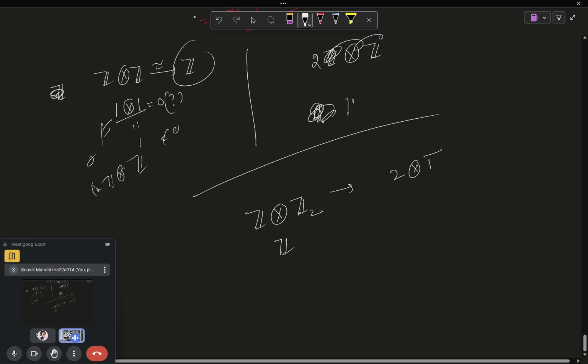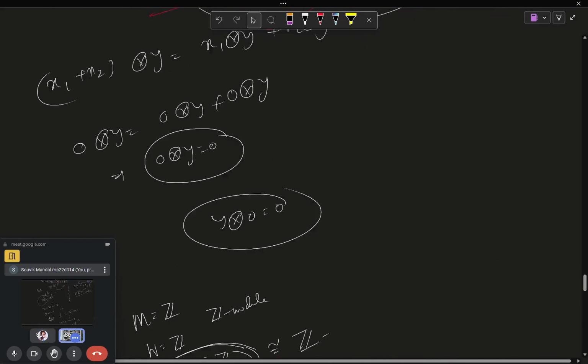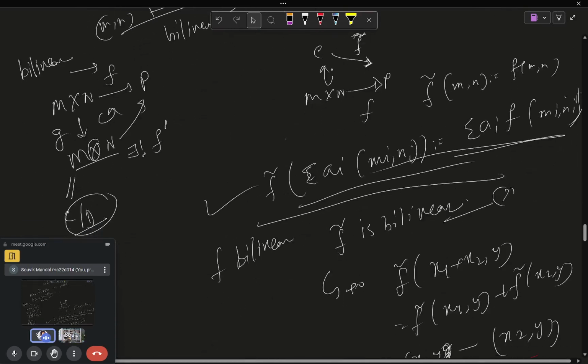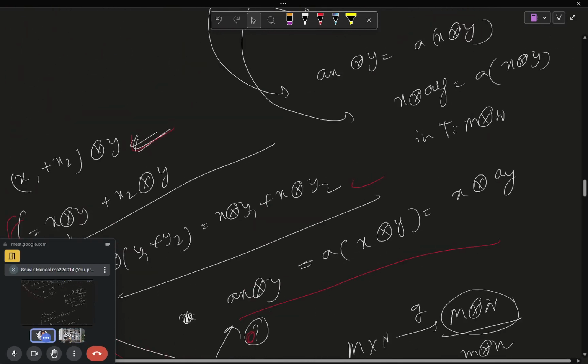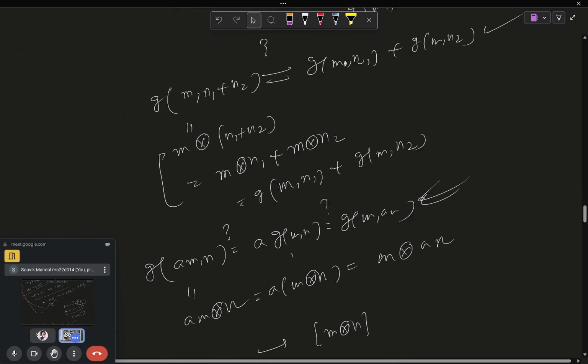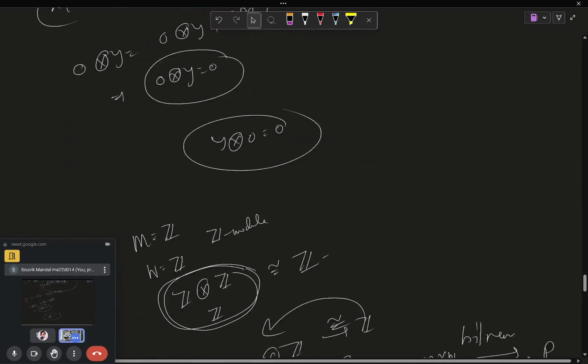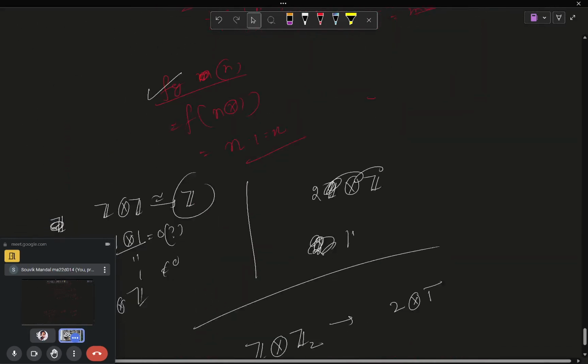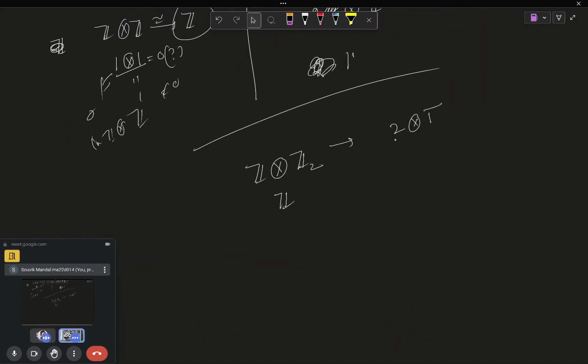I mean, not those properties, I mean these things. Using this, can you please comment something about 2 tensor 1 bar in Z tensor Z2?